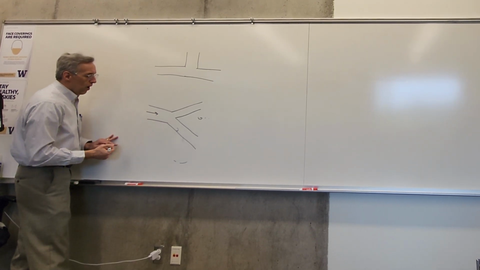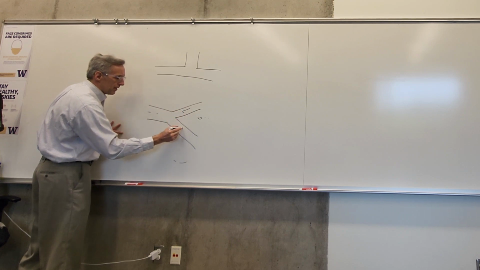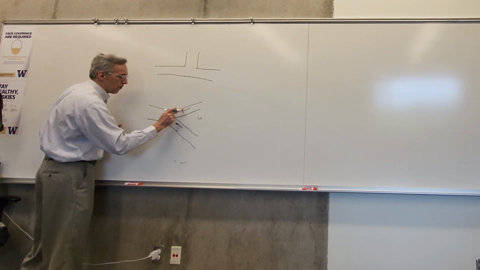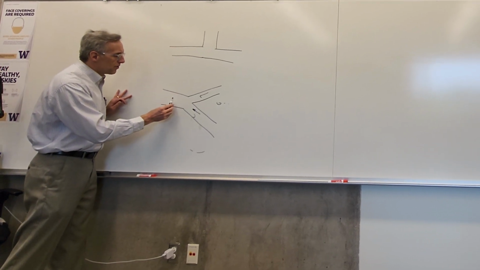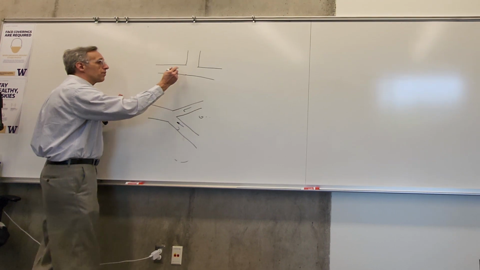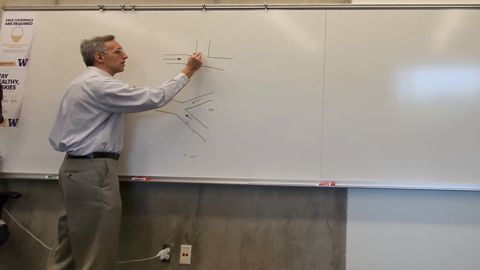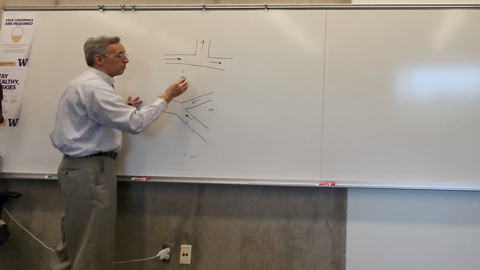That's a diverging Y, but you can also have a converging Y. With all these fittings, there are losses associated with each. If your inlet is here, there's going to be a loss coming out of both sides.